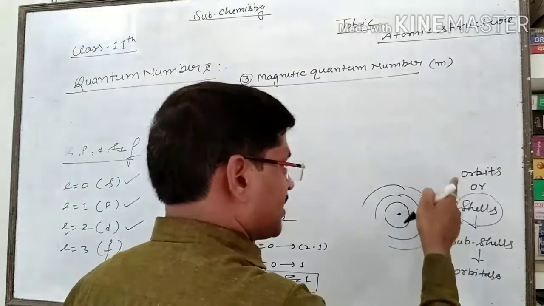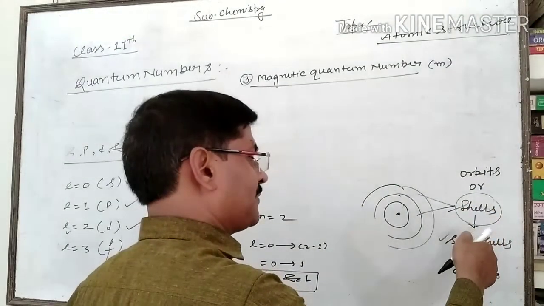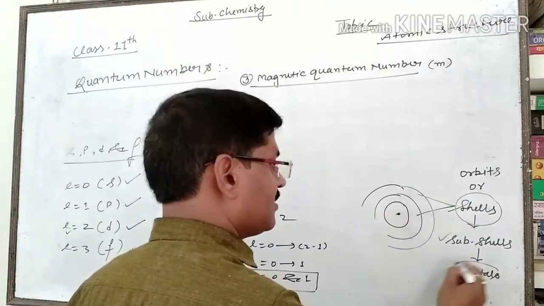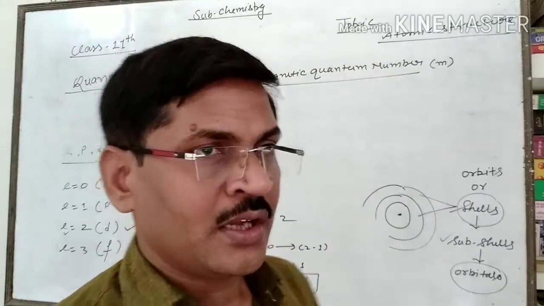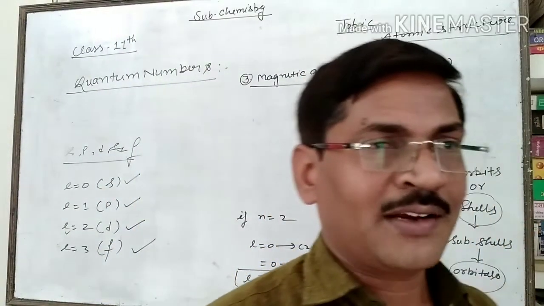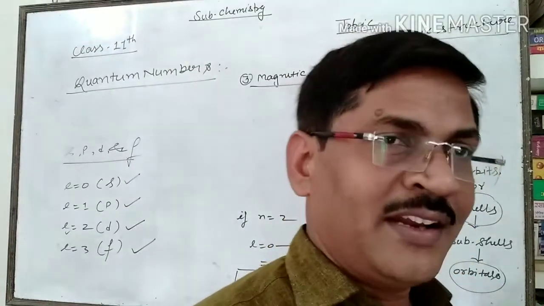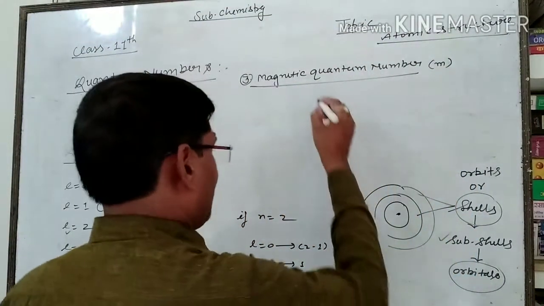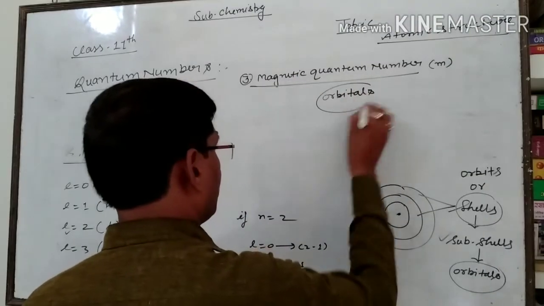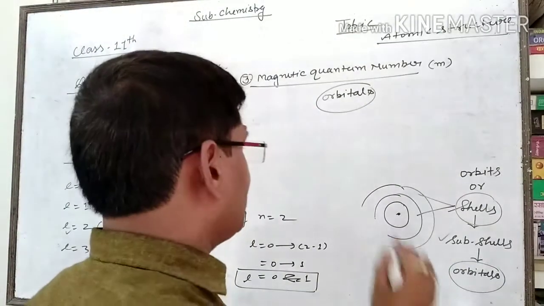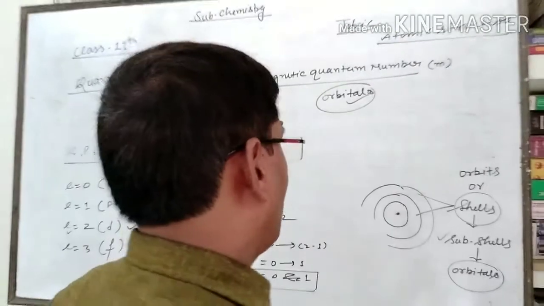Here you have to once again remember: orbits are cells, having subcells, and then the third one is the orbitals. This quantum number represents the position of an electron in the orbitals of a subcell in an atom.